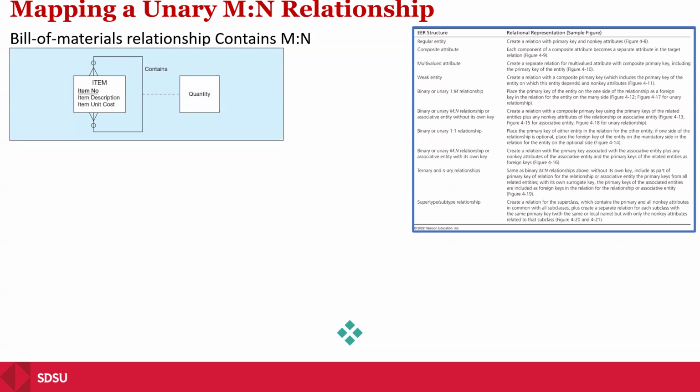So, an example of a many-to-many unary relationship is a bill of material, where one item can be a component of another item. Similar to what we had before when we looked into binary relationships, for a many-to-many relationship we need to create a separate relation.